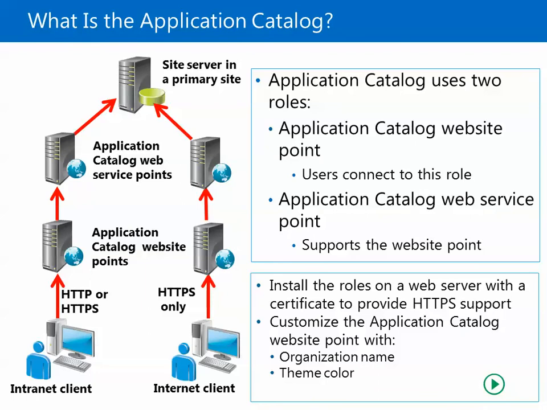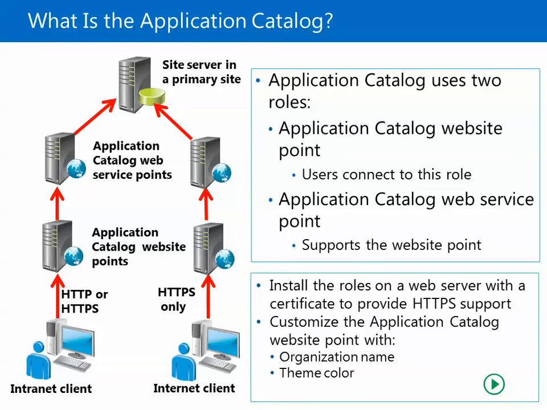Okay, so next is your application catalog. As I have already told you, the application catalog is to build a kind of app store. It uses two roles: one is the application catalog website point, and the other is the application catalog web service point.